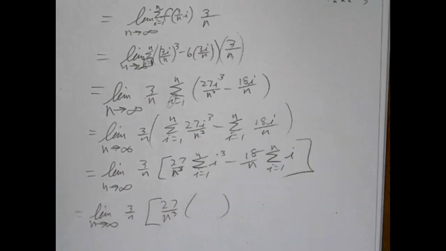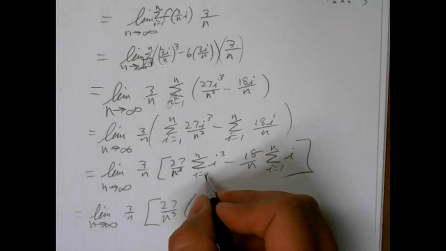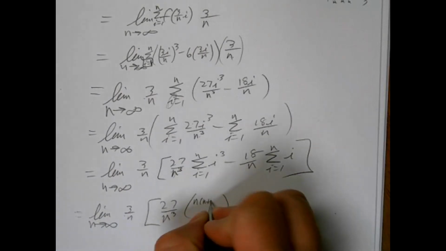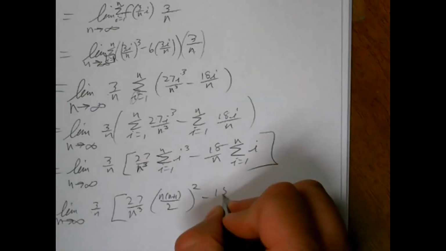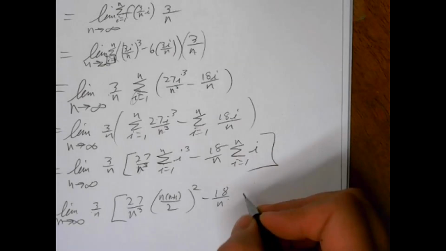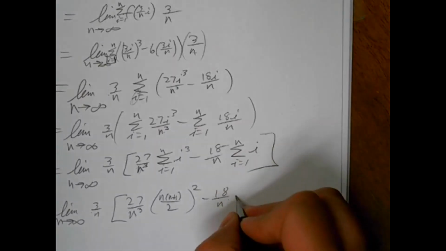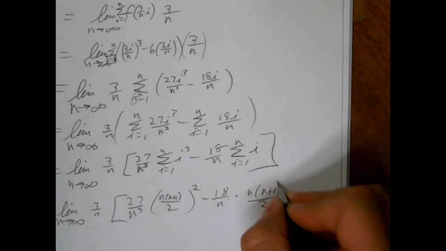And the formula in the book specifically will tell you that the summation from i equals 1 to n of i cubed is n times n plus 1 over 2, squared, minus the summation from i equals 1 to n of just plain i is n times n plus 1 over 2.